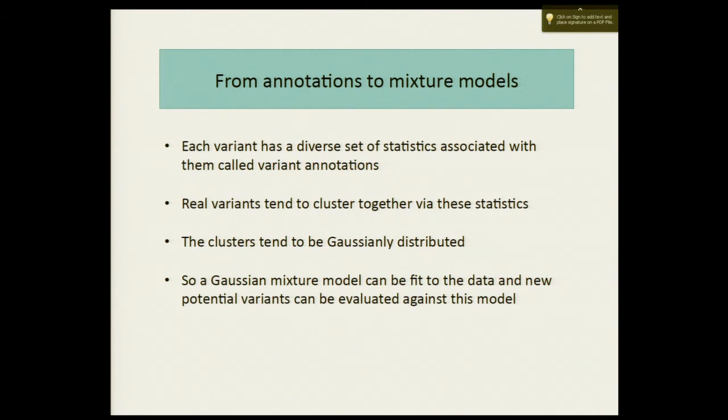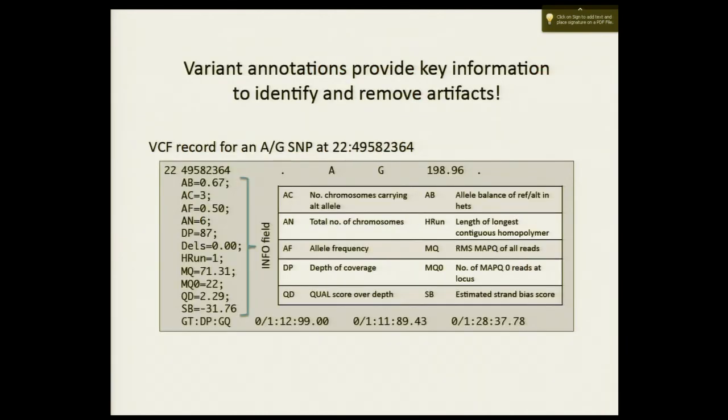So it's very simple. What it looks like in your VCF record is, Eric showed an example like this in the very beginning, where you have the chromosome and the start, and this is an A to G SNP, and this is the massive Phred scaled quality score. The unified genotyper thinks it has 198 orders of magnitude of confidence in this variant. It's crazy.